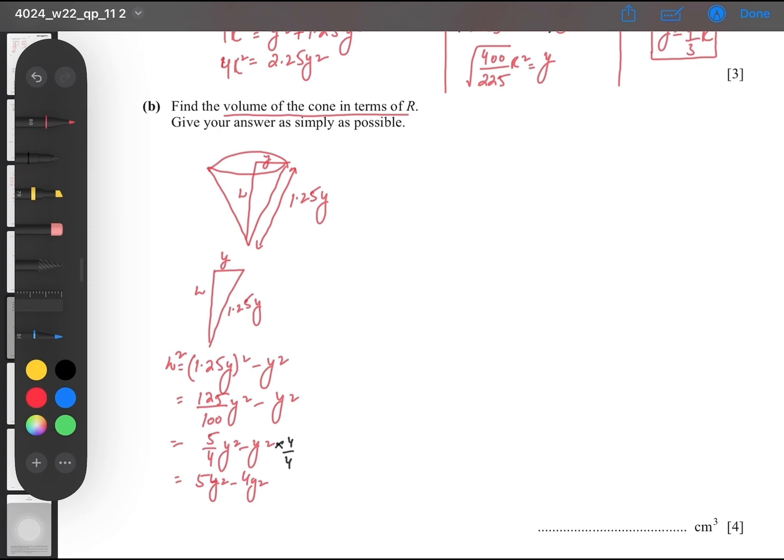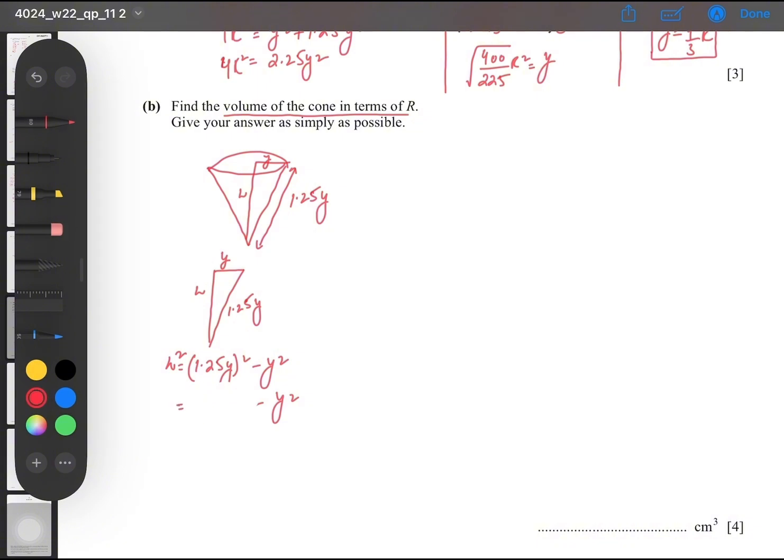Sorry, I forgot to square. I forgot to solve the square of 1.25.